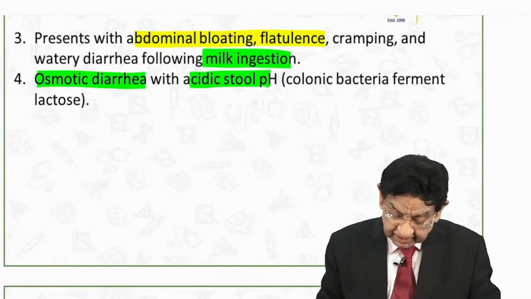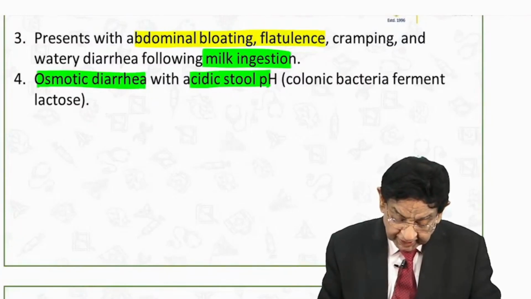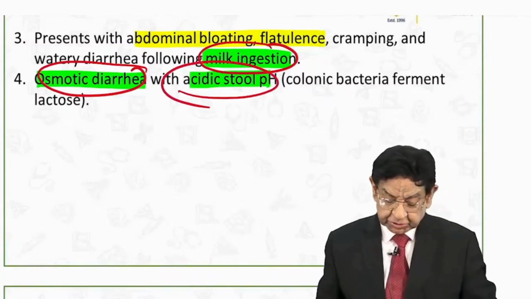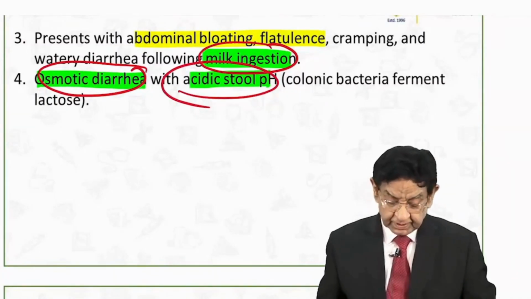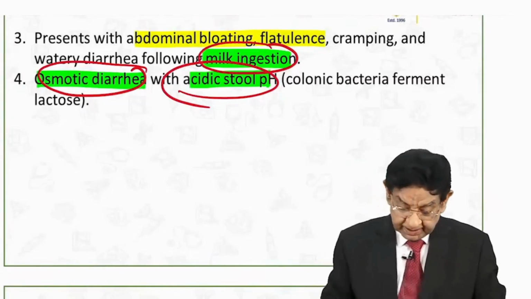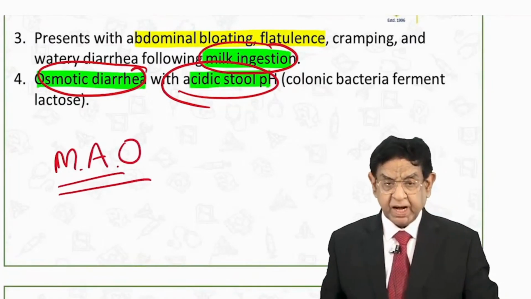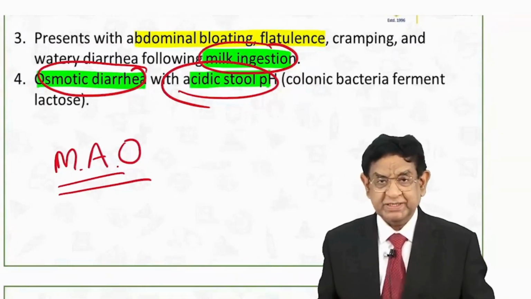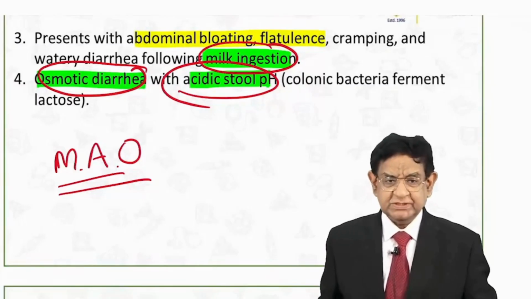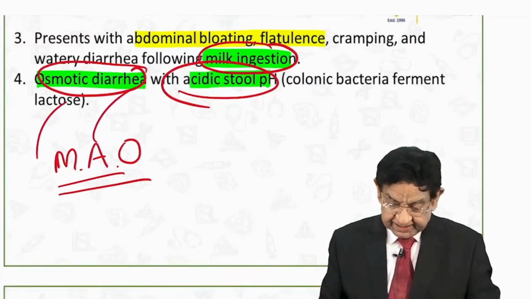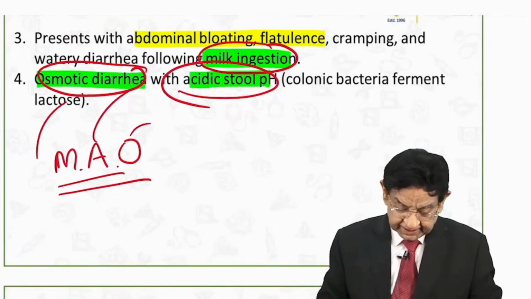So the classical keywords are number one, milk ingestion, osmotic diarrhea and acidic stool. Okay, milk, acidic, osmotic diarrhea: MAO. MAO-B inhibitor we use in Parkinsonism. So just remember the mnemonic is MAO: M for milk, A for acidic stool and O for osmotic diarrhea.